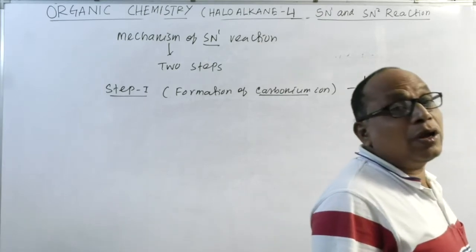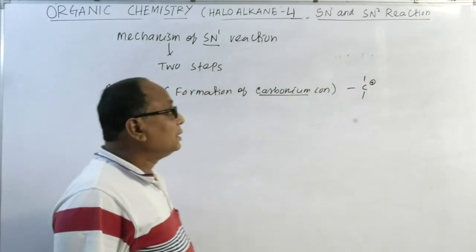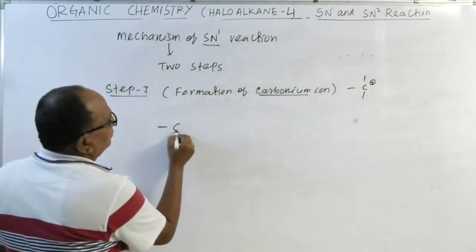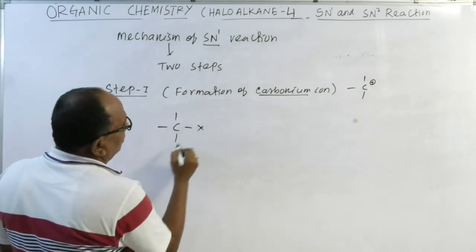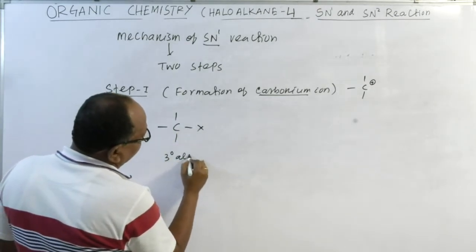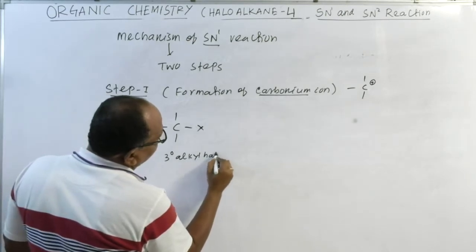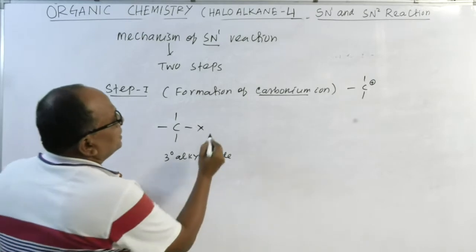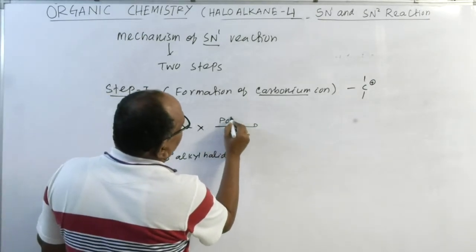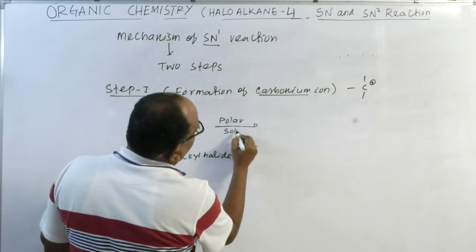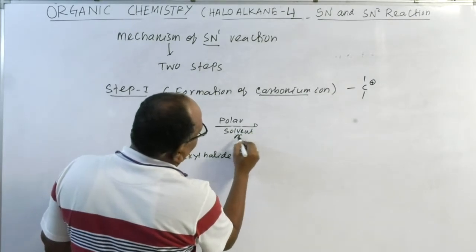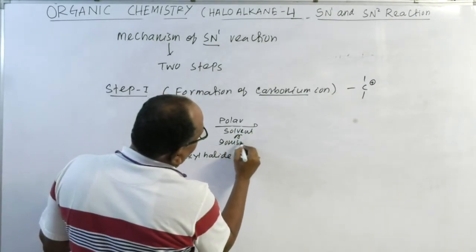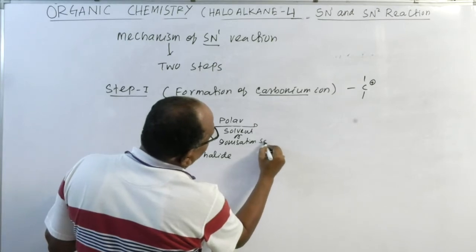Then how is the carbonium ion formed? You take this tertiary alkyl halide in the presence of a polar solvent, or what you call an ionization solvent.